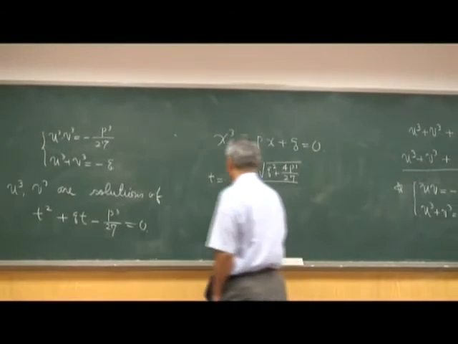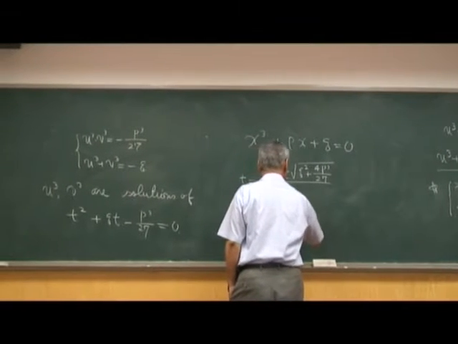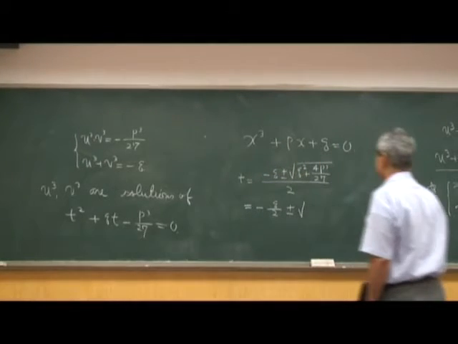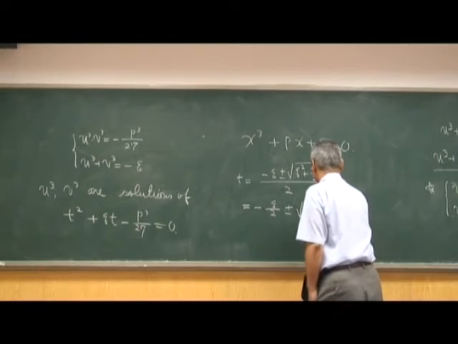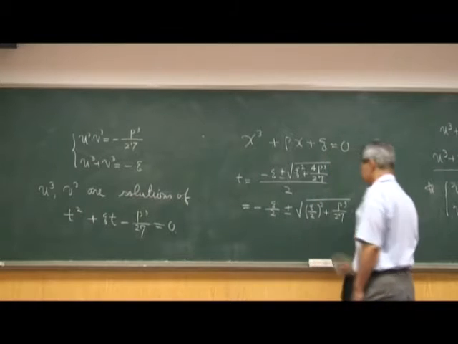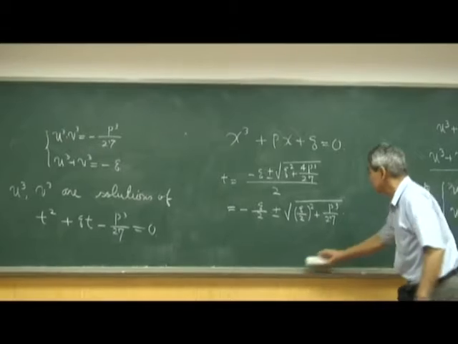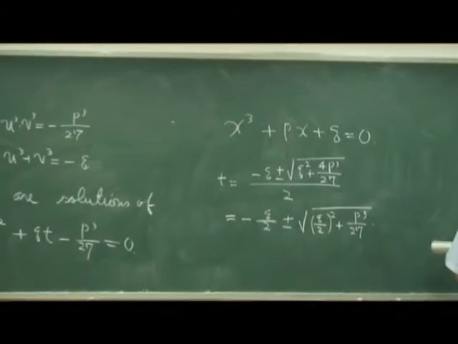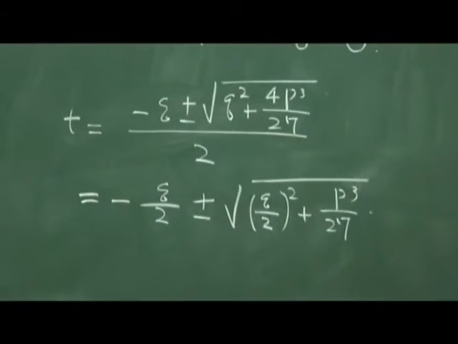Then I can rewrite it in the following way. 2Q plus minus. That's okay? Okay. Maybe sorry, I just erase it.